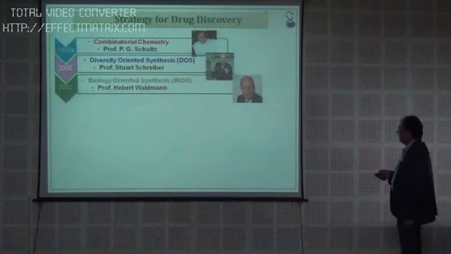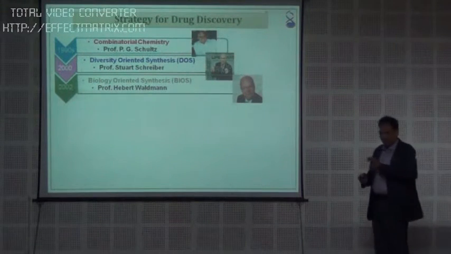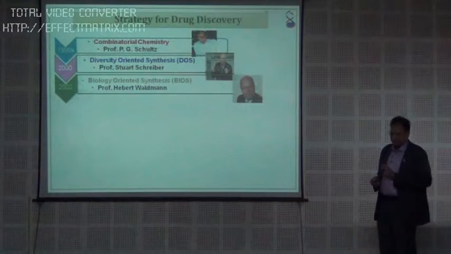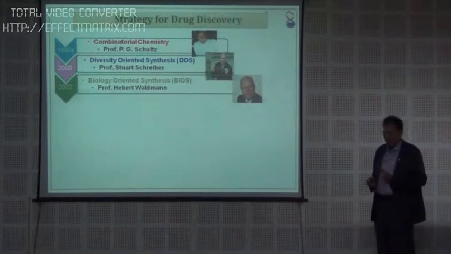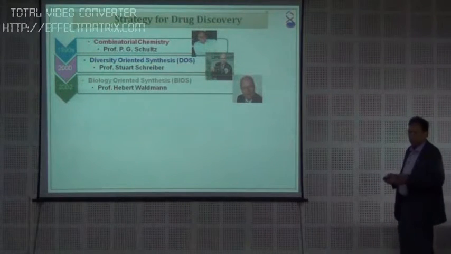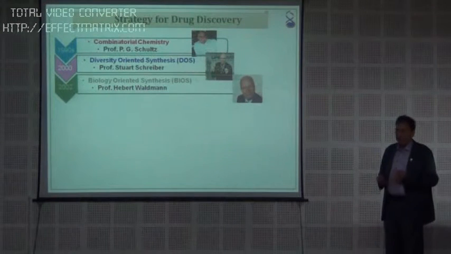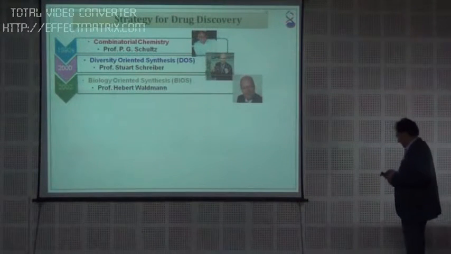Herbert Waldmann proposed biology-oriented synthesis, which is now a model being adopted by many companies, and it is showing some success. You have a molecule which is biologically active, the target is known, you diversify, and you may find a drug.